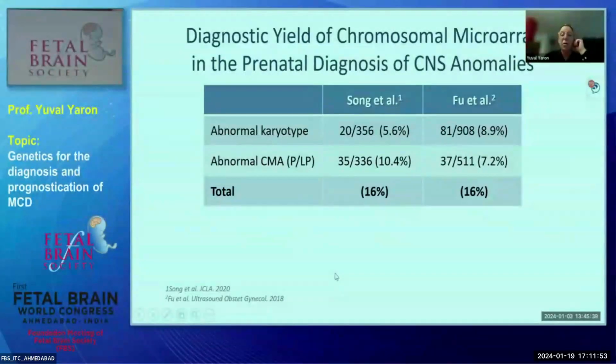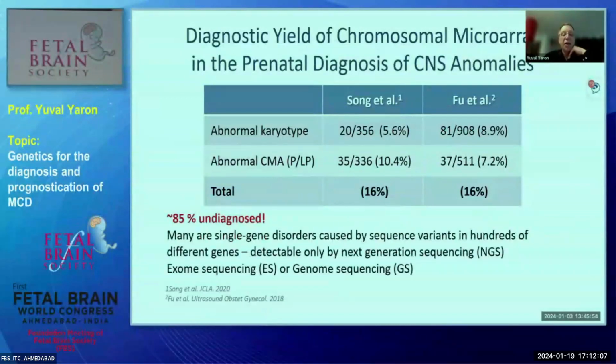But previous studies have shown that using karyotype or chromosomal microarray only finds 16%, perhaps even less, of cases with brain abnormalities, because it is thought that a great majority of brain malformations are caused by mutations in different genes, and these can only be detected by sequencing techniques like exome sequencing or genome sequencing.